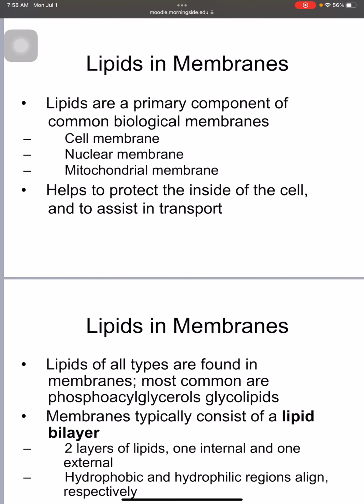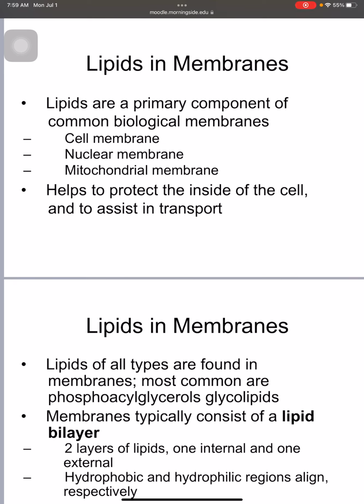They're a primary component of all common biological membranes: cell membrane, nuclear, mitochondrial, etc. And so, what are they there for? Well, some of it is basic protection, right? It's sort of like building the bricks of your fortress. The lipids, in a lot of ways, serve as the bricks.